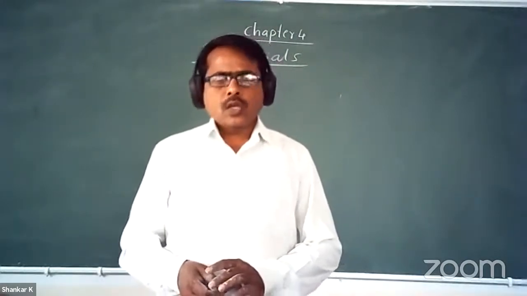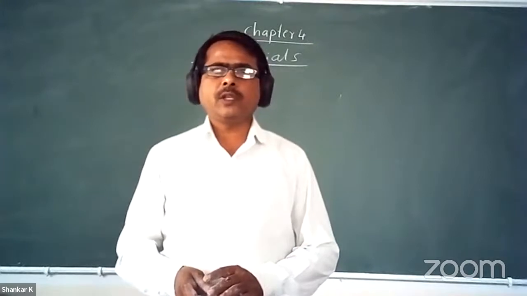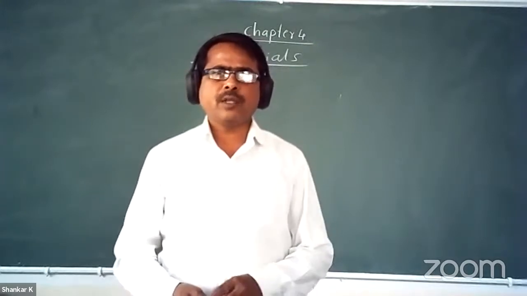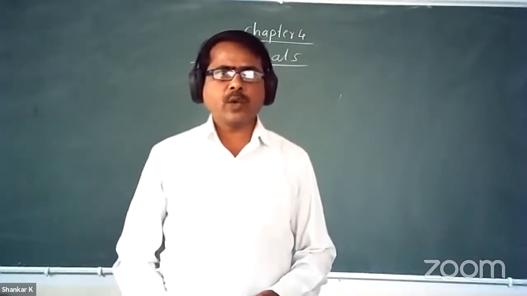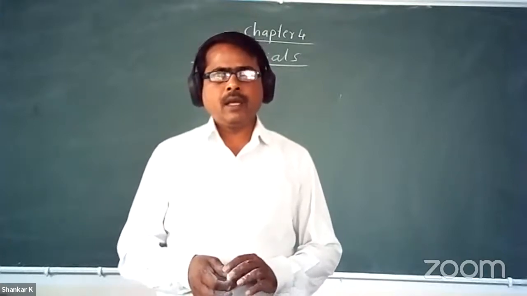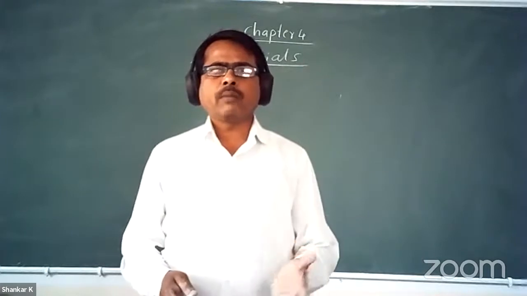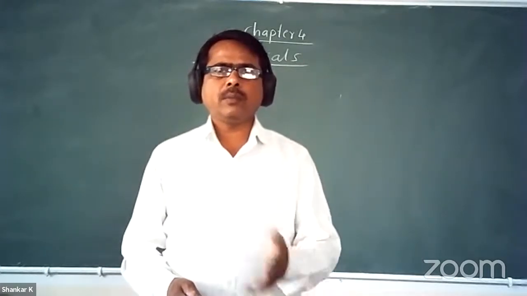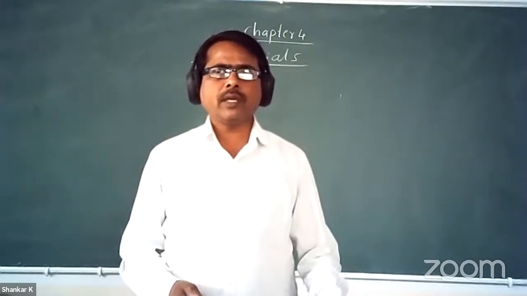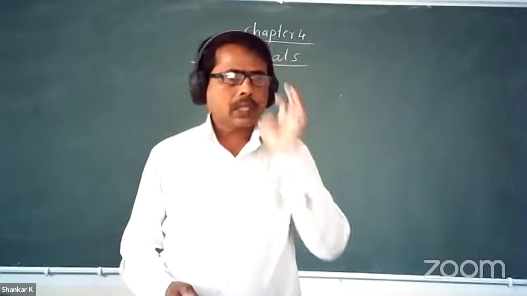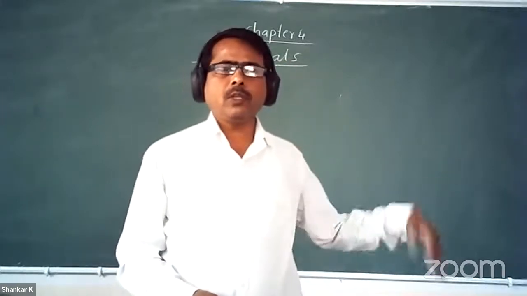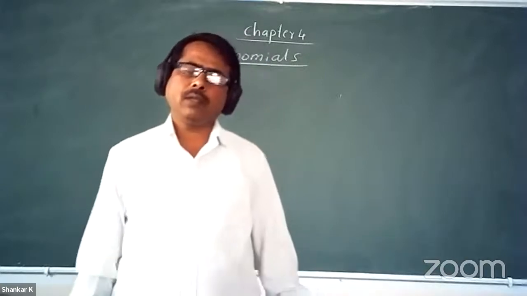Then it is also told what is polynomial. A polynomial is an algebraic expression which has many terms, because poly means many. And it was also told that monomial, binomial, trinomial, these are all polynomials. First we will define polynomial, and then go to monomial, binomial.